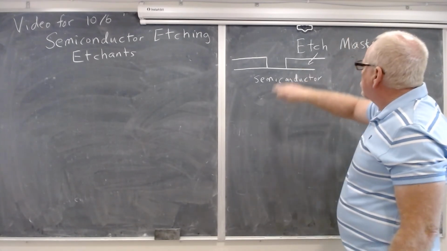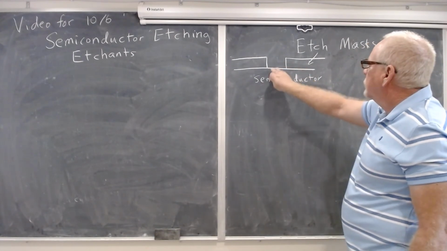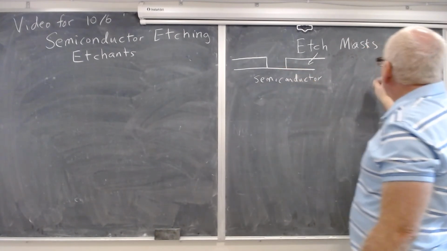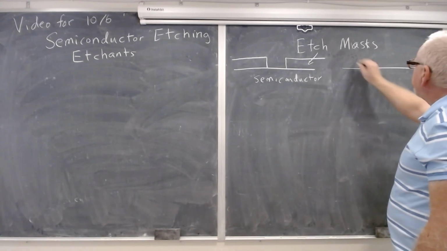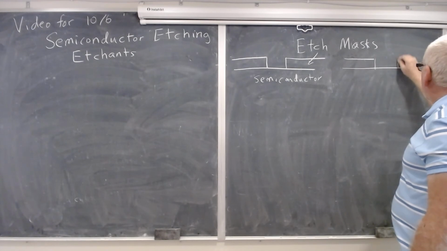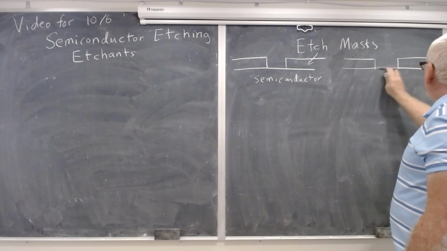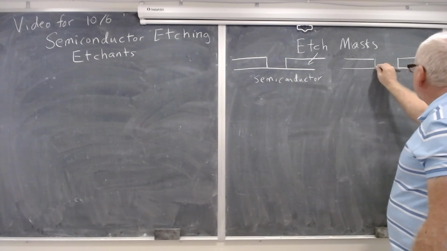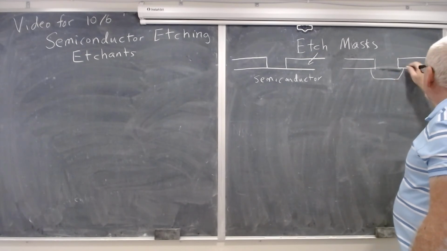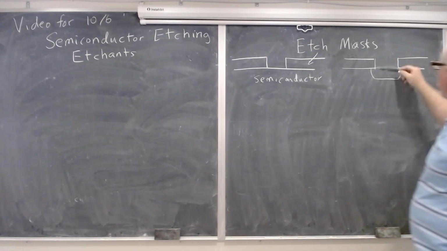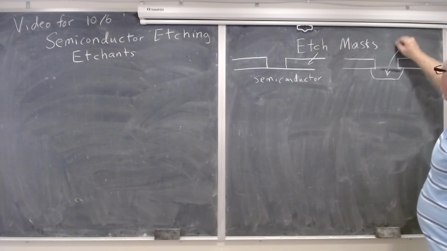But basically, you pattern an etch mask or a stencil, whatever word you want to use, with openings where you want to perform your etch, and then basically the idea is that after your etch, I'll draw it like this, you have removed, etched.